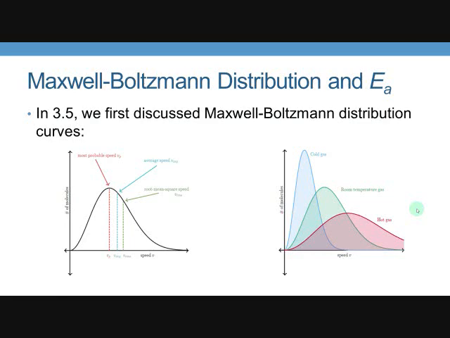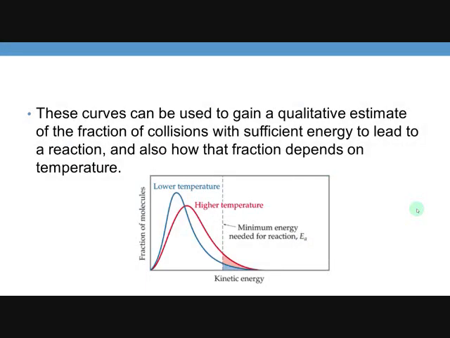How does this relate to activation energy? These curves can give us a qualitative estimate of the fraction of collisions with sufficient energy to lead to reaction, and also how that fraction depends on temperature. Instead of putting speed on the x-axis, we could put kinetic energy, because those are related.